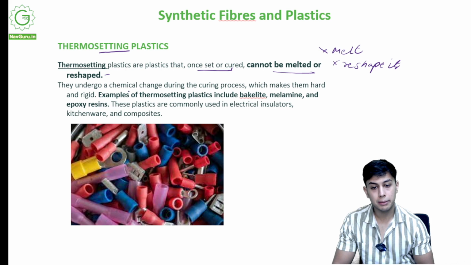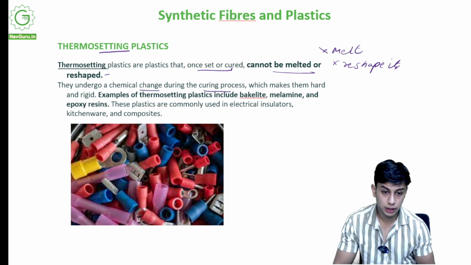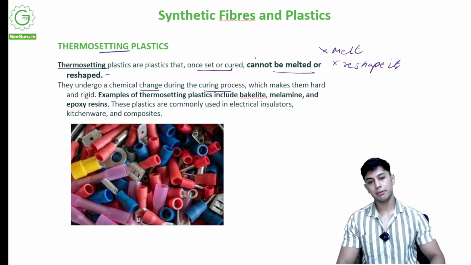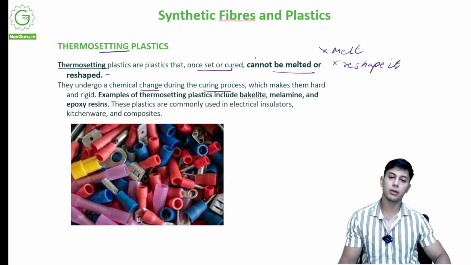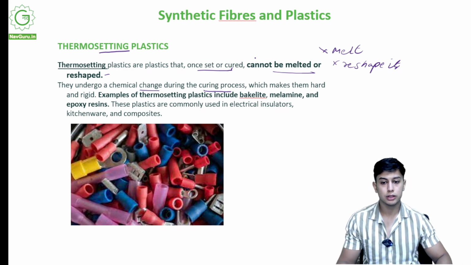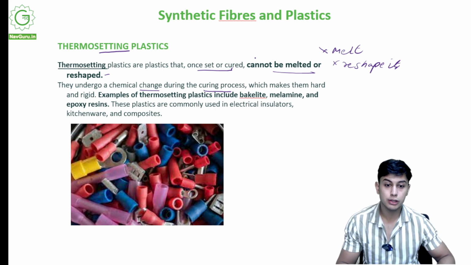They undergo a chemical change during the curing process. So once I have made the shape, whether I heat it or cool it, I cannot change the shape. That is thermosetting. Once it is placed in a setting, it cannot be changed.